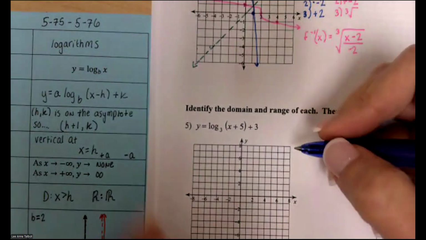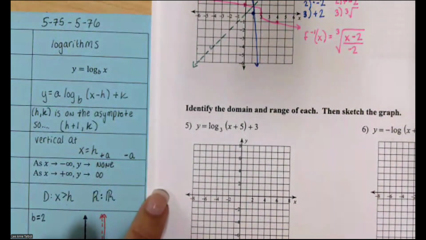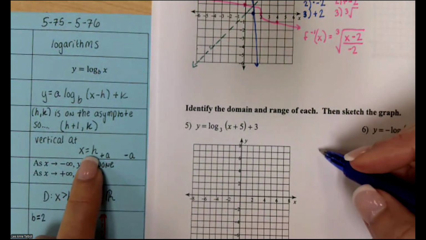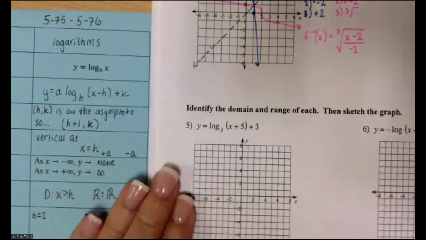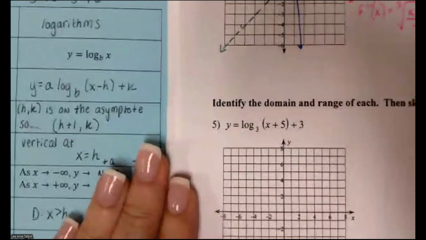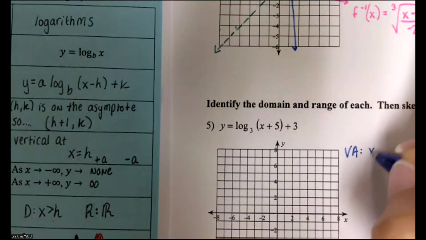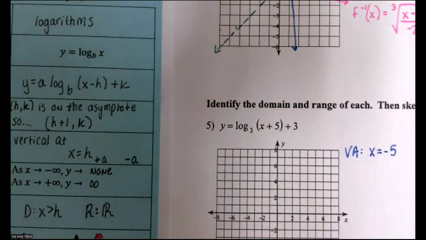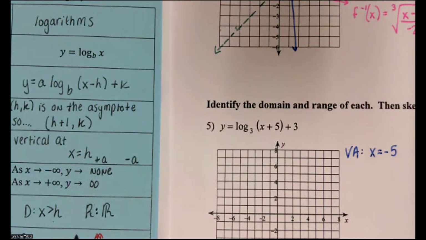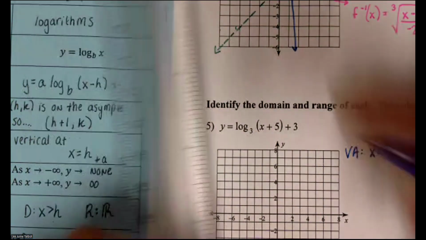I'm going to find the asymptote first. That's how I graph it though. So vertical asymptote at x equals h. What's h in number 5? -5. Okay, so I'm going to say vertical asymptote at x equals -5. And then I'm going to go to -5.